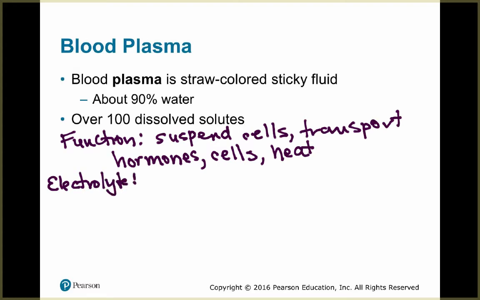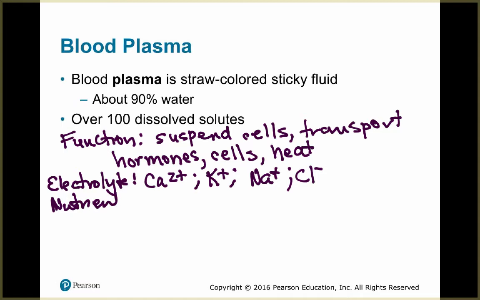So when we're looking at overall molecules, it moves around electrolytes, right? So you have within it things like calcium, potassium, sodium, and chlorine ions. You have nutrients that are flowing around to cells.